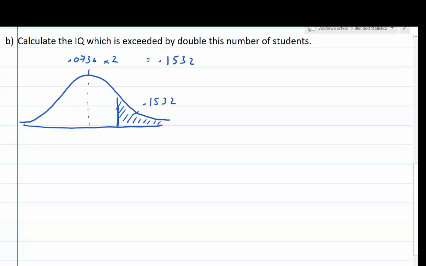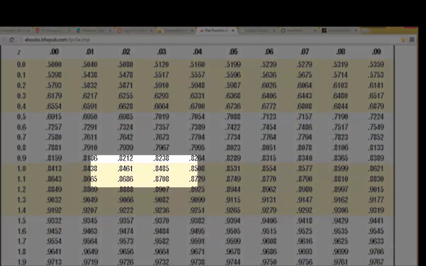So if the top tail area is 0.1532, then the main body probability is 0.8468, and we need to find the Z value associated with this. So we need to look in the inverse tables, or try to find 0.8468 in the table and find the Z value for that.